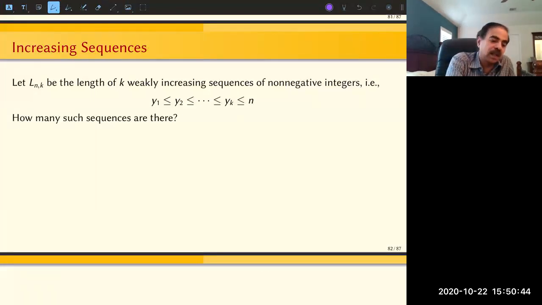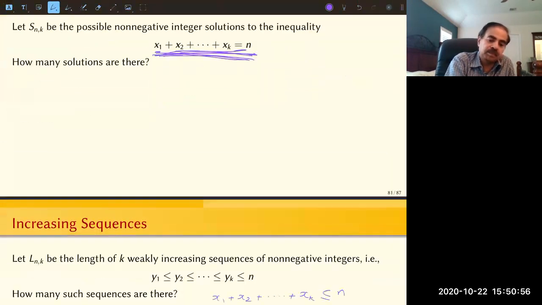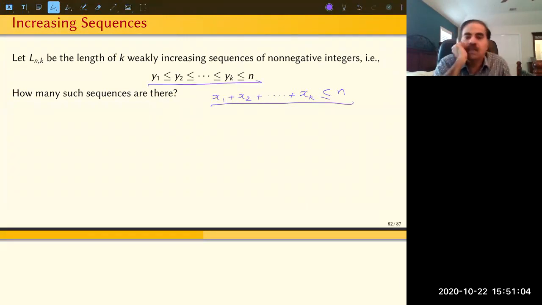Remember the problem that we saw was... right. So this is the problem that we figured out how to solve. Can we use that to solve this problem?